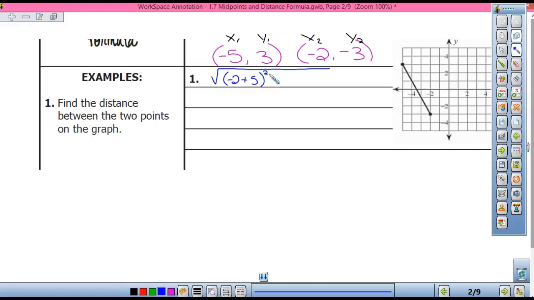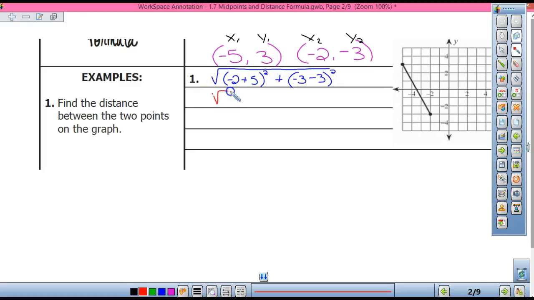Okay, now some people forget to square this. Make sure that you have a squared there. Plus y2, negative 3 minus y1, 3 squared. All right, so step 1 is plugging it all in.